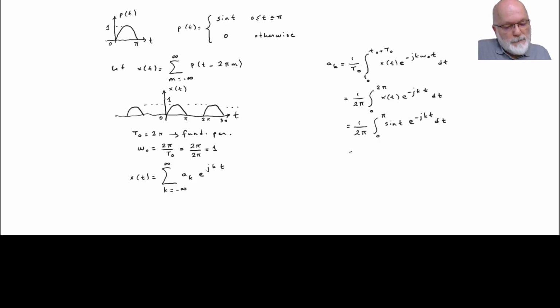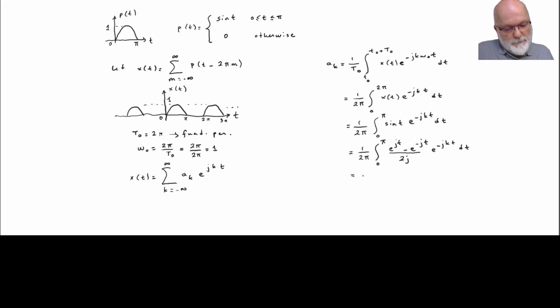Now, to evaluate this integral, we do the following. We write down the expression of sine t in terms of the two complex exponential signals, e to the jt and e to the minus jt. So sine t is e to the jt minus e to the minus jt divided by 2j, times e to the minus j k t integrated with respect to t.